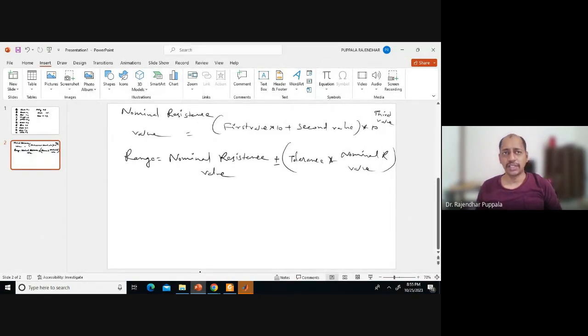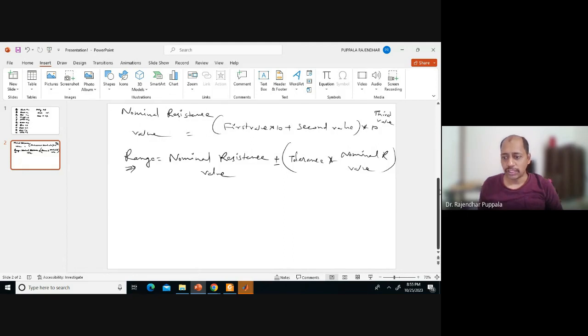What is the range, sir? Generally, if you are given some 220 ohm resistor and you measure the exact value with the multimeter, sometimes you will get 220 and other times you may get 205 and other times you will get 230 as well. So the incremental or decremental of that range will be given by this formula.